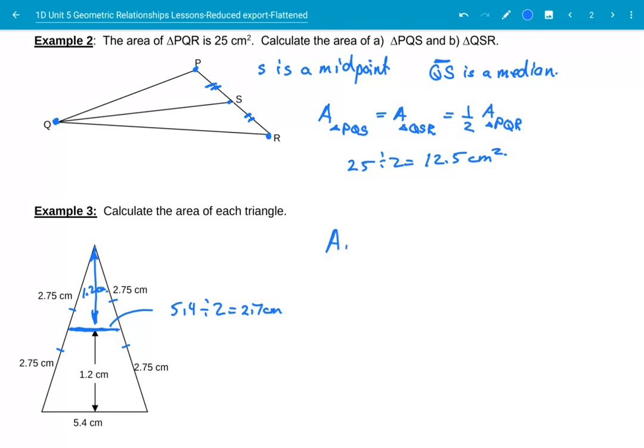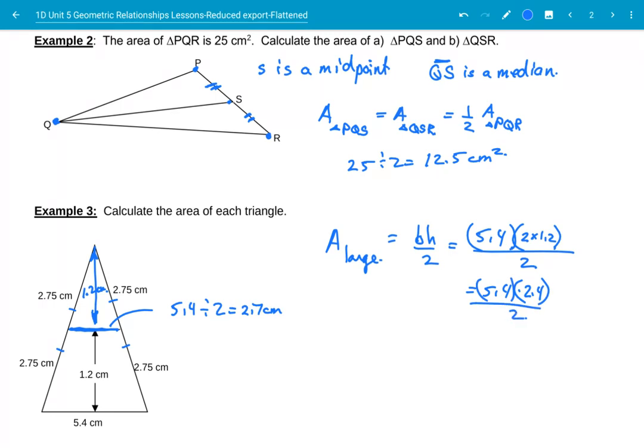So the area of the large triangle, base times height divided by 2, 5.4 times 2 times 1.2 divided by 2, 5.4 times 2.4 divided by 2.